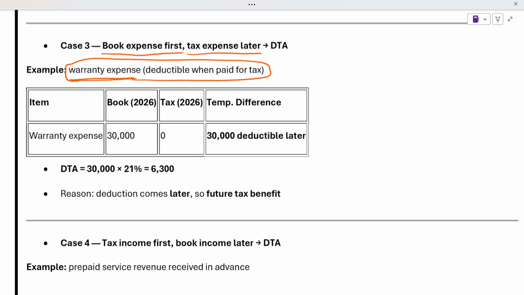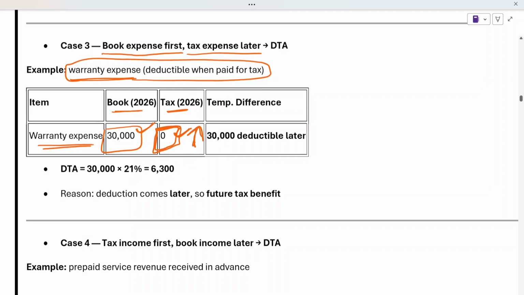That provision for warranty hits your P&L. So if we see here, your warranty expenses as per books is 30,000, which is in your P&L. In books you had shown 30,000 as an expense, and in your tax you have shown no expense. When you show no expense in tax, then my income will be higher.